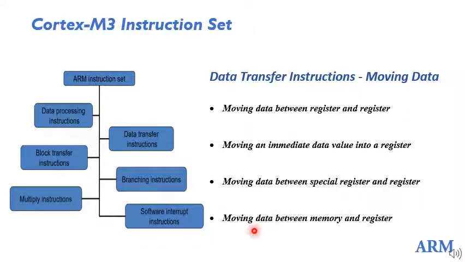The next one is moving data between memory and register. As we know, Cortex M3 has a load store architecture, so there are only two instructions for transferring data between memory and registers, that is, load and store instructions.